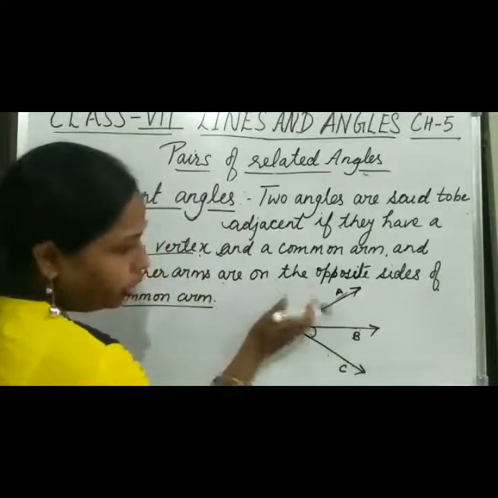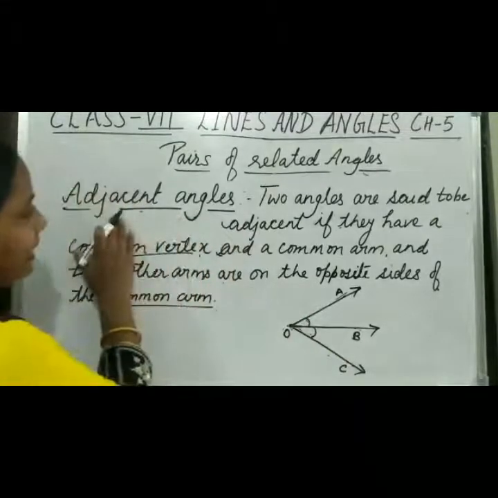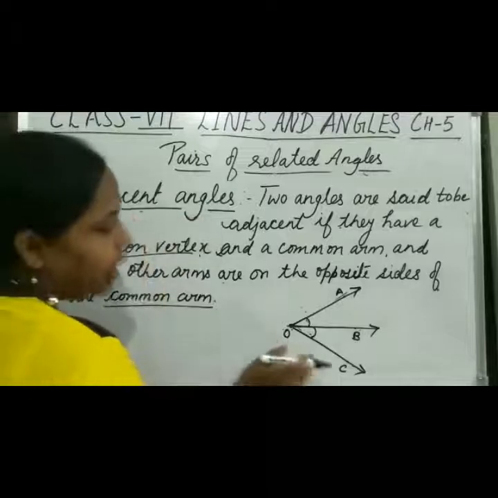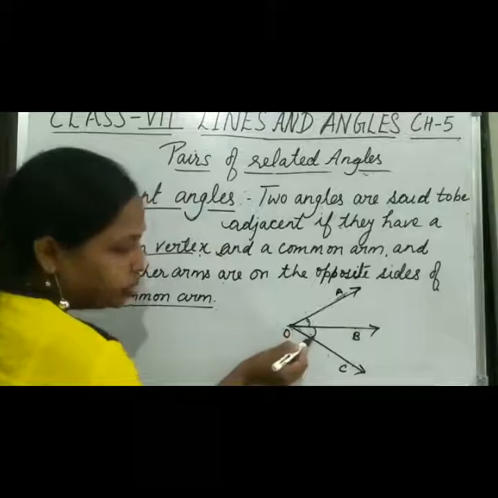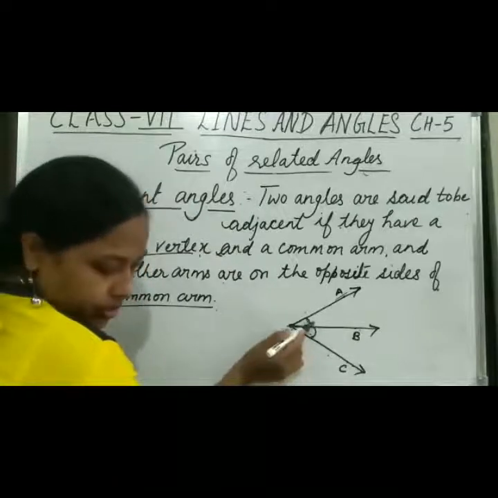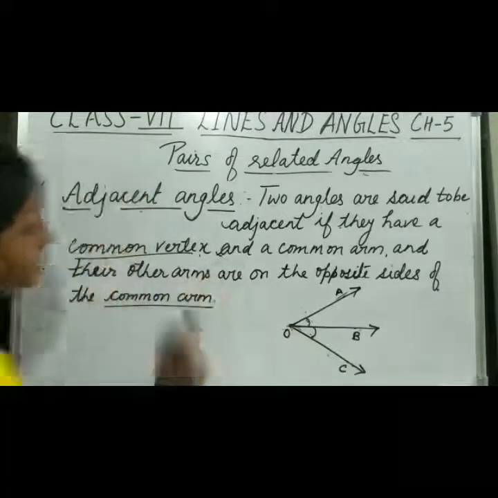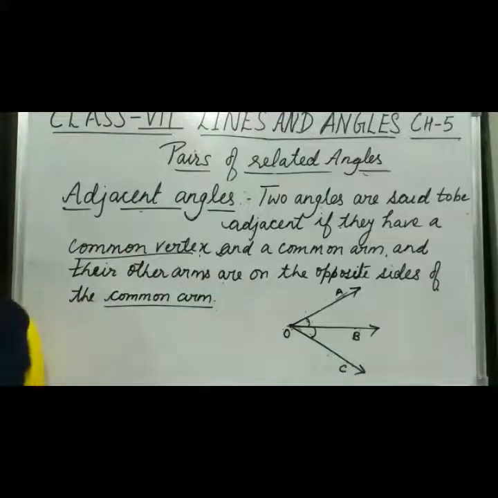So we can say that adjacent angles are the angles which are next to each other. This angle is adjacent to this, and this angle is adjacent to this. I think this adjacent angle is clear to you. We will move to the next concept.